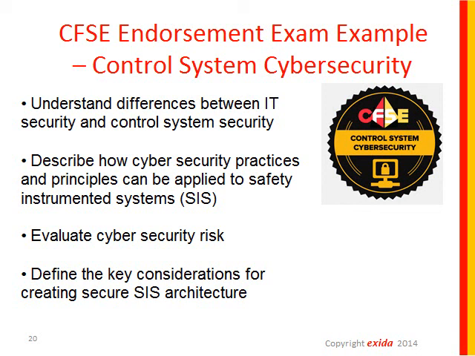You have to know how to evaluate cybersecurity risk, and you have to define key considerations for creating a secure safety instrumented system architecture. Control system cybersecurity is an important part of the safety lifecycle. Although the older version of 61511, which is in use today from 2003, does not speak of cybersecurity. Everybody knows, though, that it's important, and that's why it's part of the endorsement program.